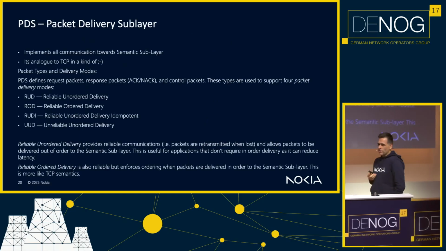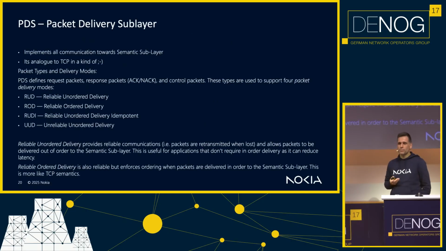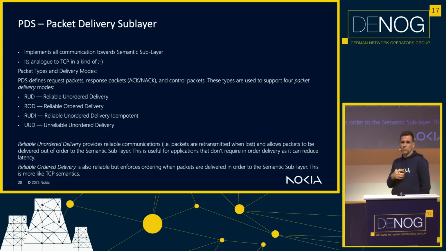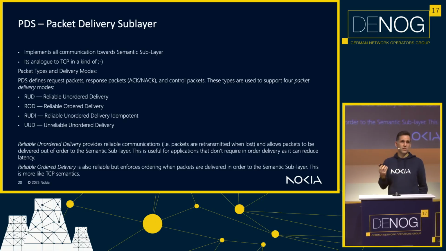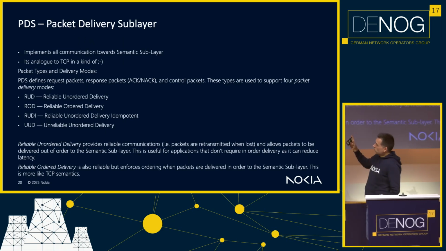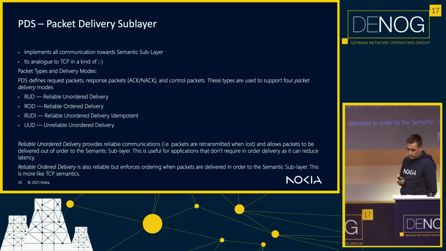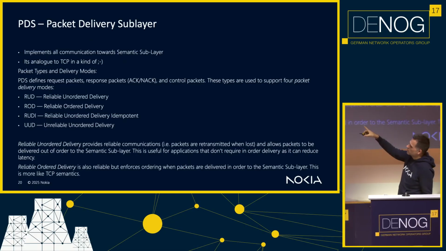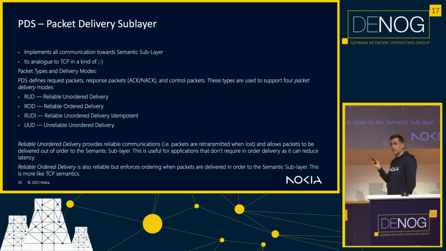Now, coming to the not so trivial part from a networking perspective. What we said before, flow control and order were very important. These days, we skip that completely. Because what you introduce in the packet delivery subsystem is basically 4 different transport modes. And out of the 4 different transport modes, the unordered one is the one where people get really excited.